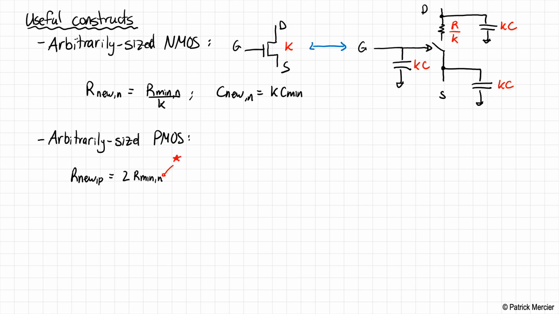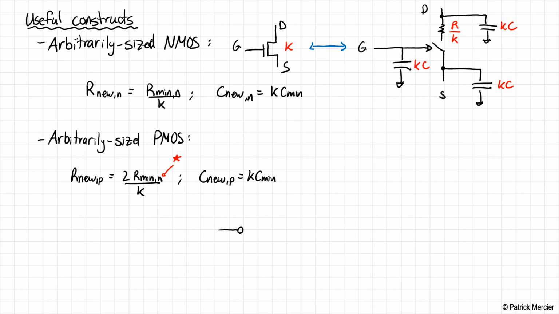Yes, that's not a typo. 2 R min N divided by K. And the capacitance C new, P is just equal to K times C min. The capacitance doesn't change. Okay, so again, what this means is that a PMOS transistor nominally has twice the amount of resistance as an NMOS transistor, but the 1 over K relationship remains.